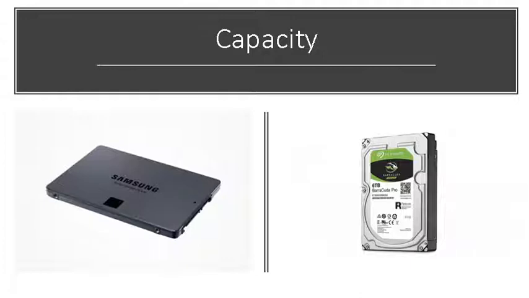Are you using your computer for everyday basic use, for example, just browsing Google and writing an essay, so you don't need that much storage? But if you are a gamer, you probably need more storage, or if you have lots of videos or data to save, it's better to use higher capacity.